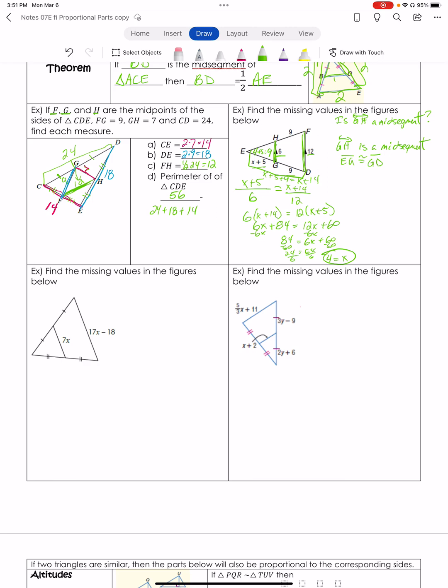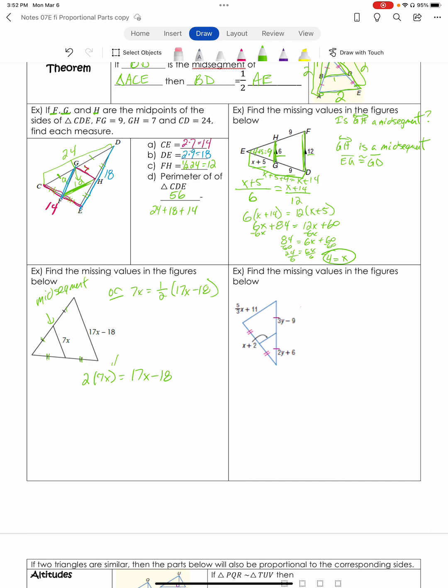Next example, find the missing values below. Well, I know since these are congruent and these are congruent, this is a midsegment. So I know 2 times 7x must be equal to 17x minus 18. Or you can do 7x is equal to 1/2 of 17x minus 18.